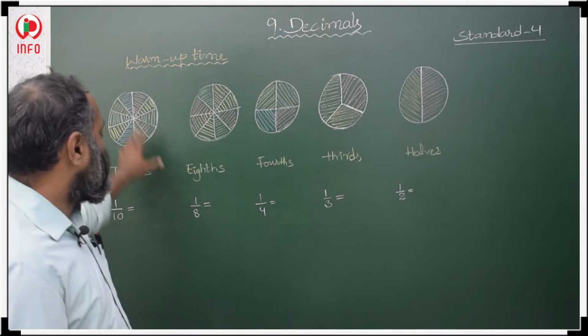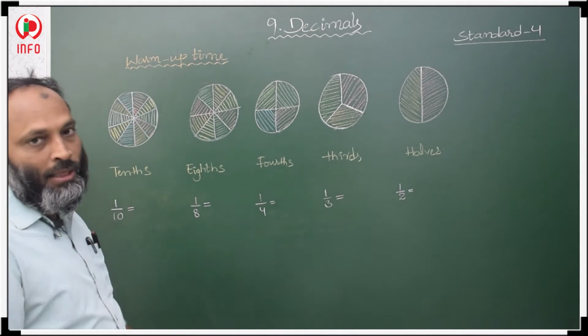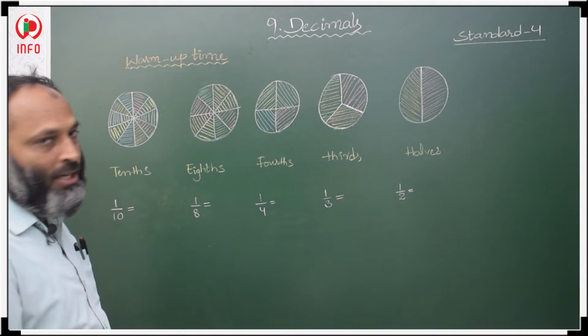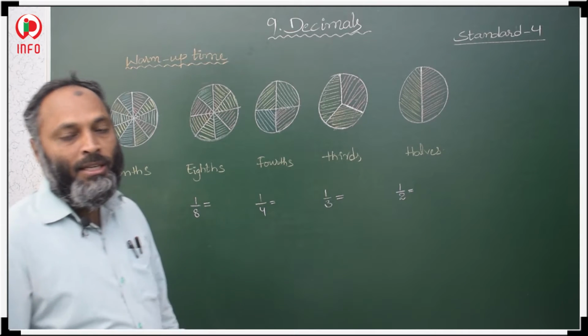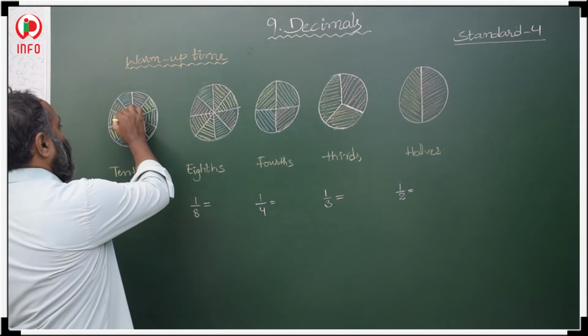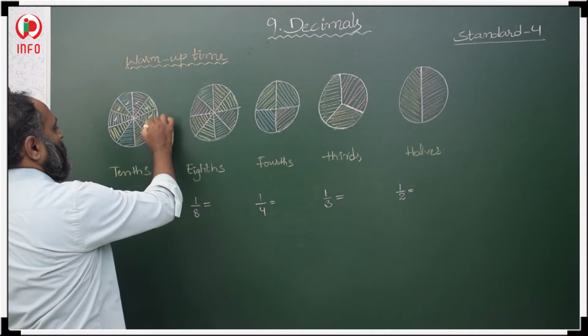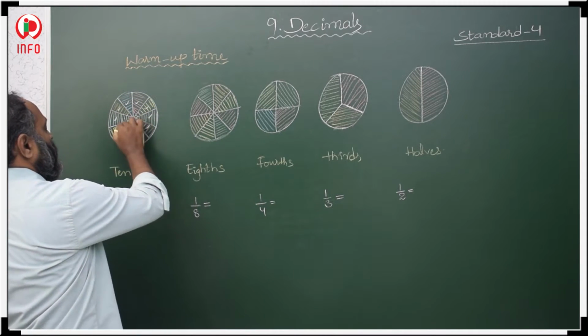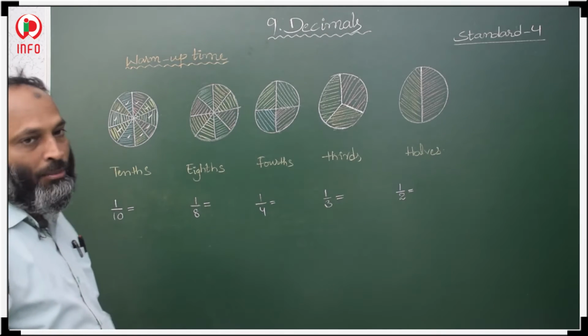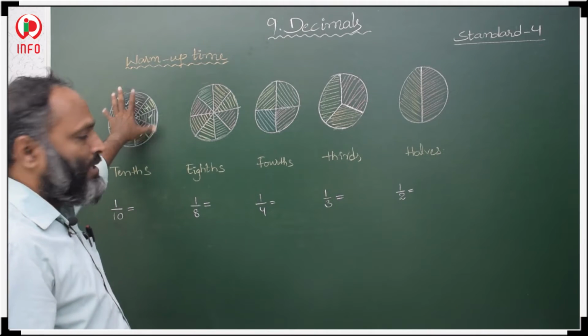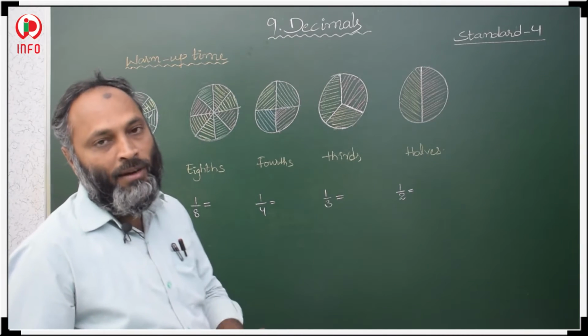See here, the first circle is divided into 10 equal parts. This is the first part, second, third, fourth, fifth, sixth, seventh, eighth, ninth and tenth. In the first circle we make 10 equal parts.